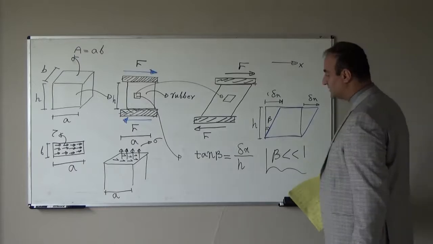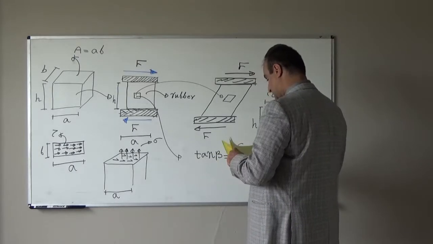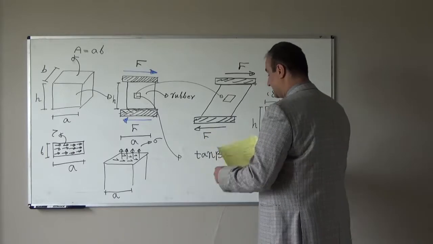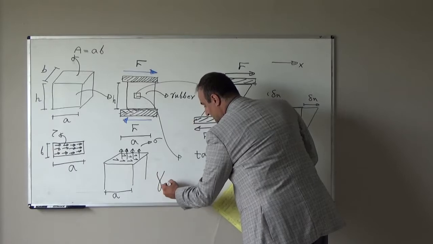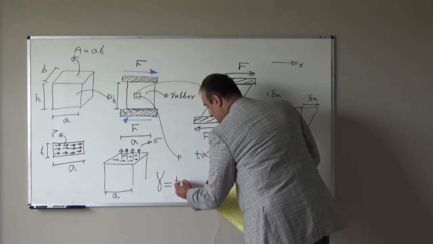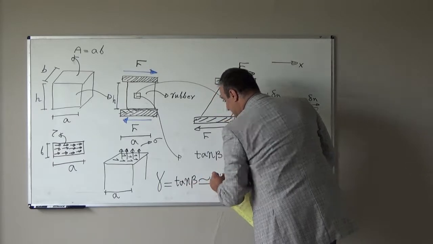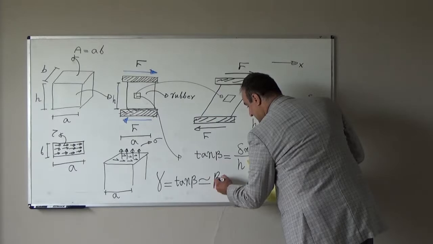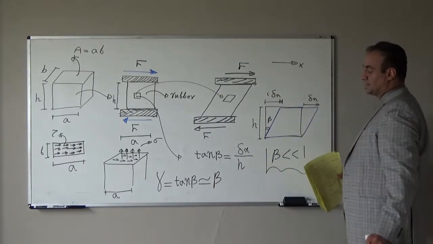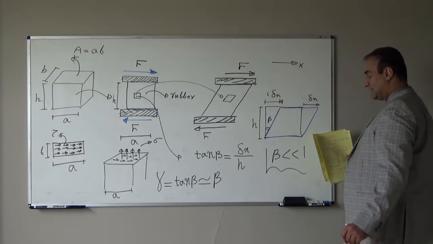So for small angles, if I show tangent beta with gamma, gamma will be equal to tangent beta, and that roughly will be equal to the angle in radians.